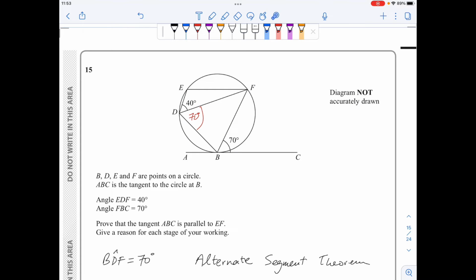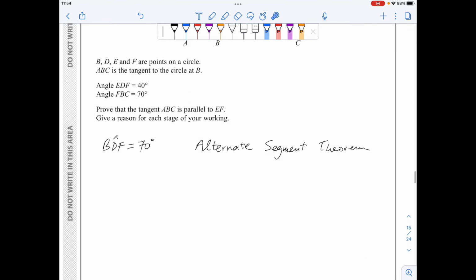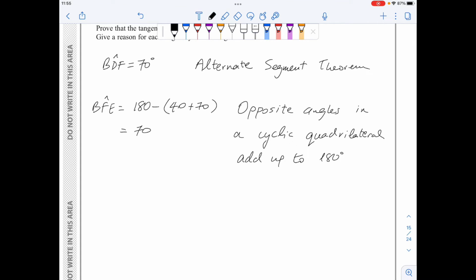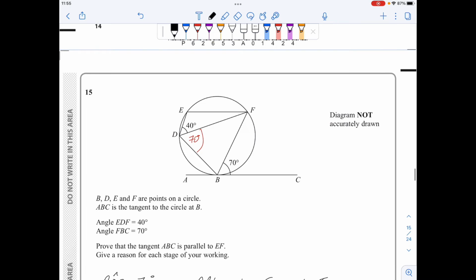Then I'll find angle BFE, which is this one, and to find this one I'll do 180 minus this angle because these 4 points create a cyclic quadrilateral, and opposite angles in a cyclic quadrilateral add up to 180. And finally, note that this angle here, which I just found to be 70, is equal to this one. Hence, I've got alternate angles, so the lines are parallel.